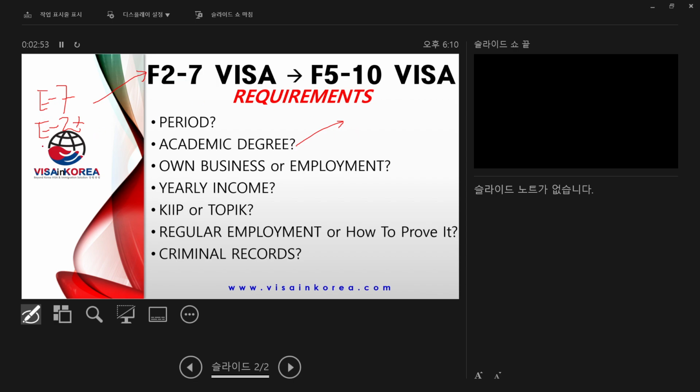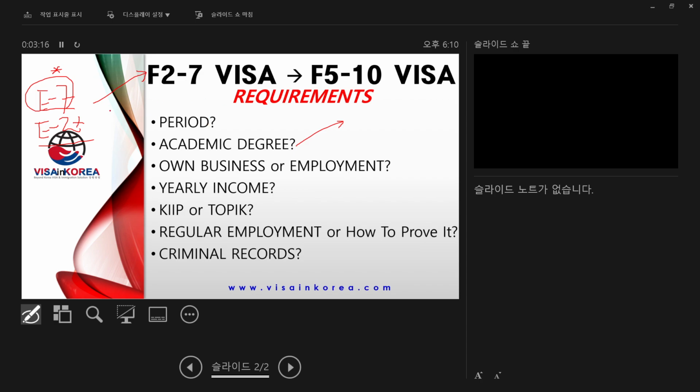So E2 isn't available for the F510. But even if you got an E2, if you got a master's degree from one of the Korean universities, it is available. So usually, the holders' previous visa was the E7.